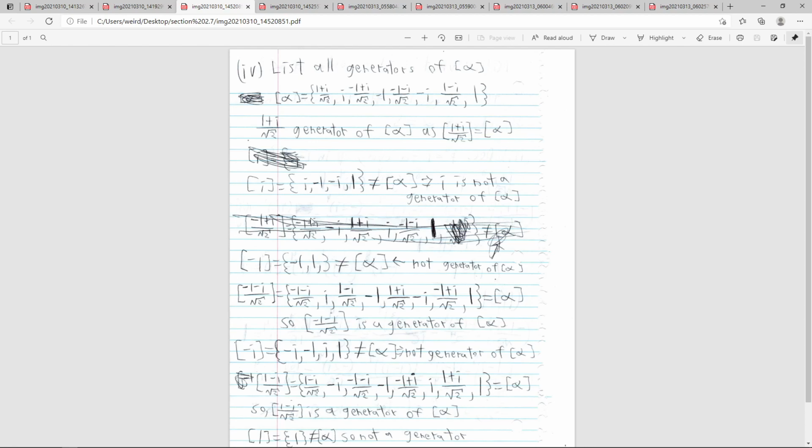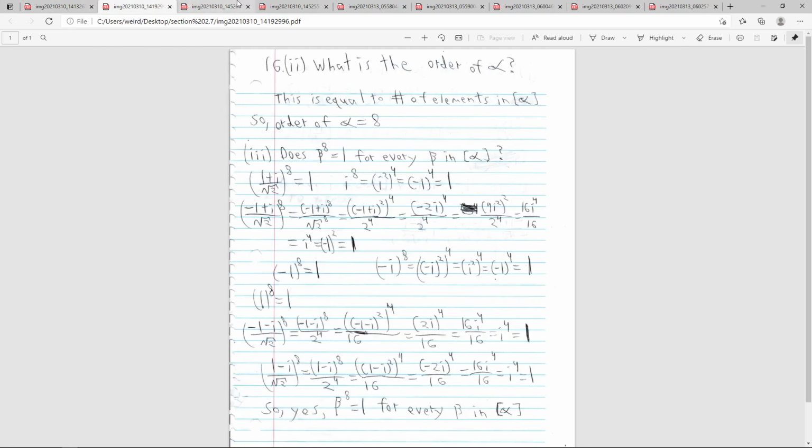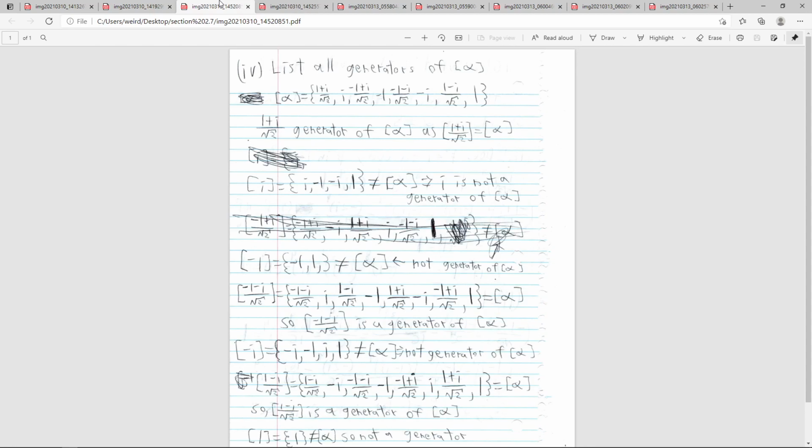And now list all generators of the cyclic group alpha. The first one is obvious. I will not work, since it only has 4 elements; you need all 8 terms like before, and they all have to be part of alpha.